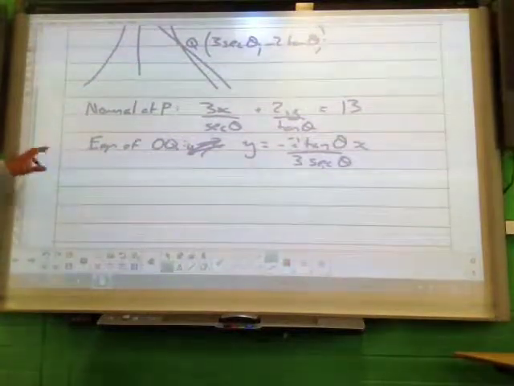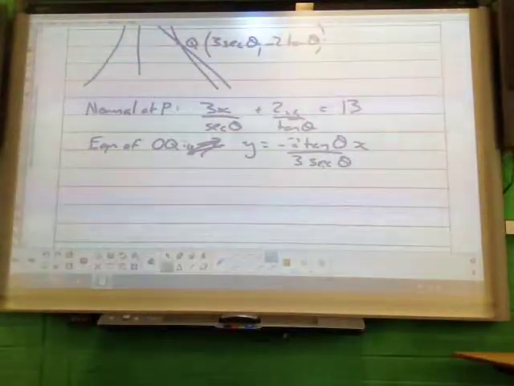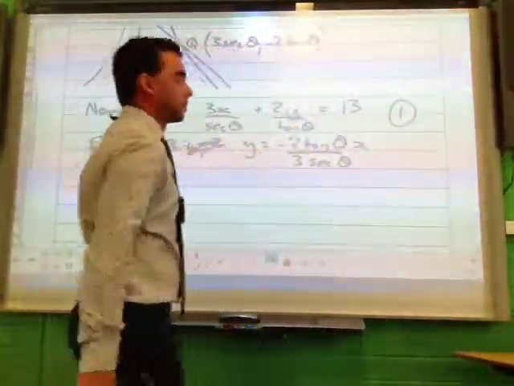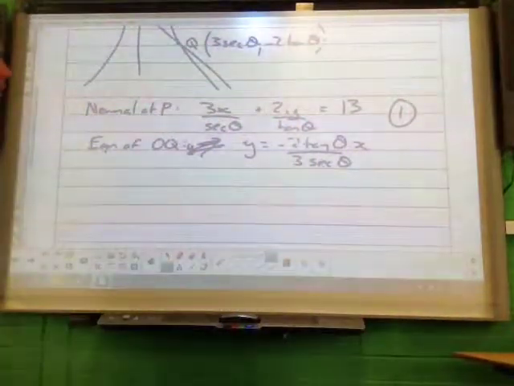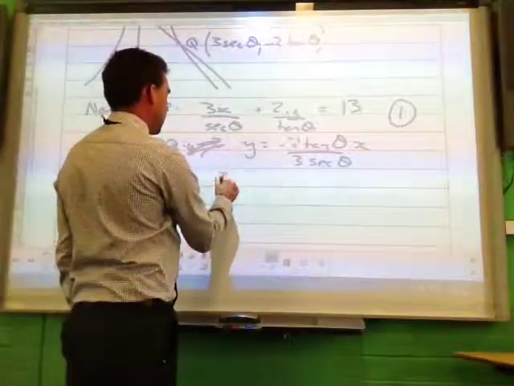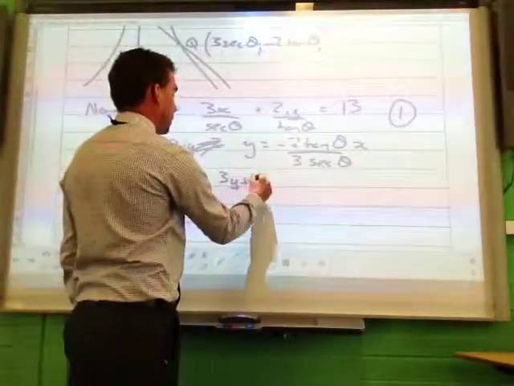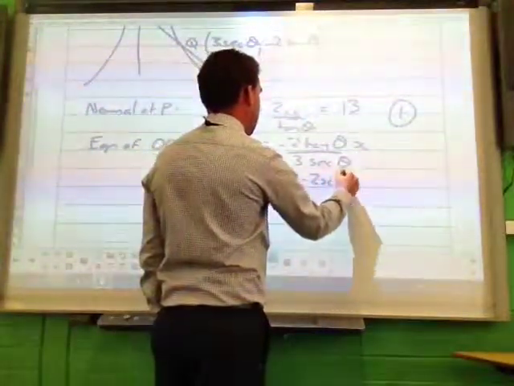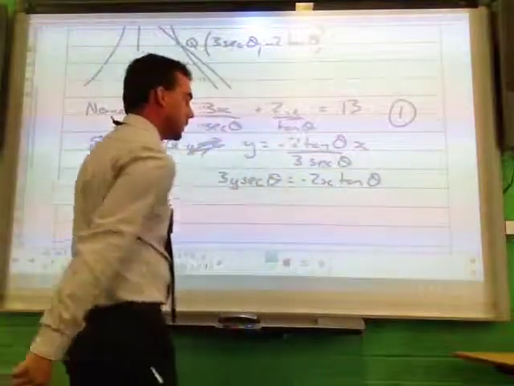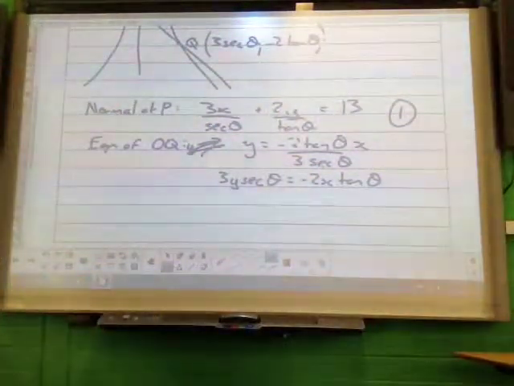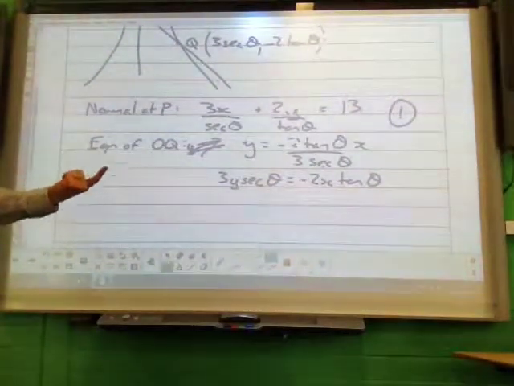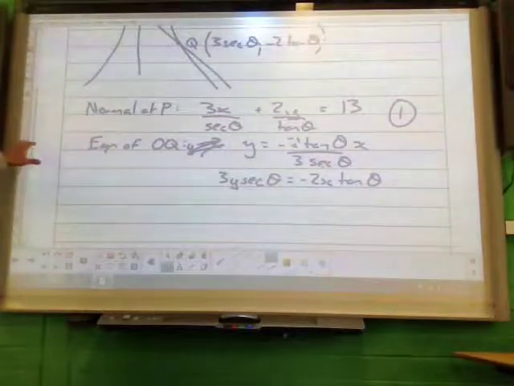Alright, to help me in the long run, I'm going to write it like the first equation, solution number 1. I'm going to cross multiply, and move the 2x tan theta onto the left hand side.